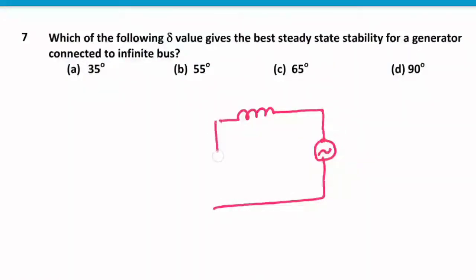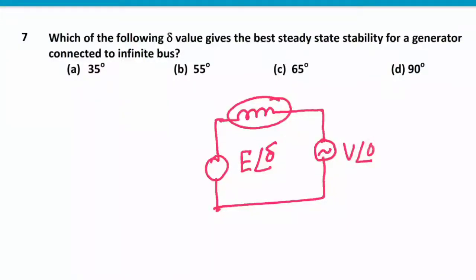Suppose this is the generator and it has angle E delta, and this is the transmission line represented by a reactance, and here V0 is the infinite bus bar. It has the reference angle 0, and so the generator angle is determined to be delta.